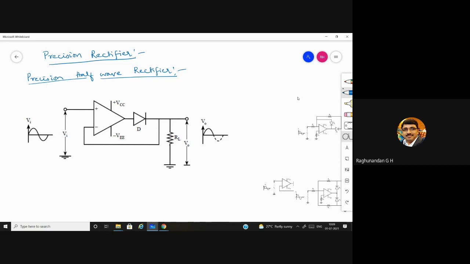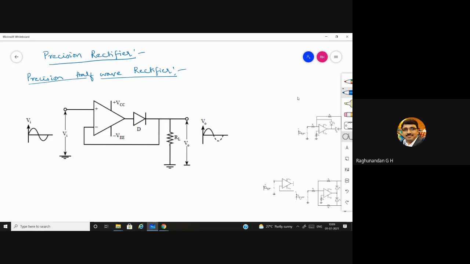You can observe that the inverting terminal is directly given to the output without any feedback resistance. So this will act like a voltage follower. Since it does not have any feedback resistance, it will not add any gain. Output and input will be the same. Whatever input you give, the same output will come.